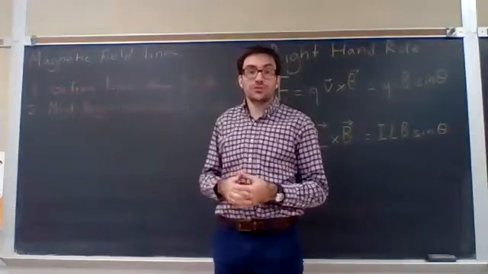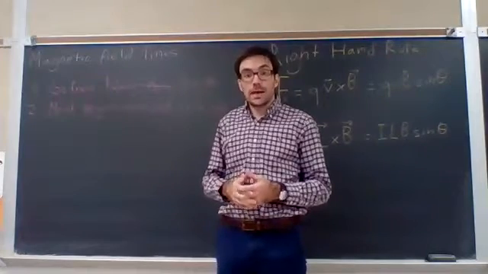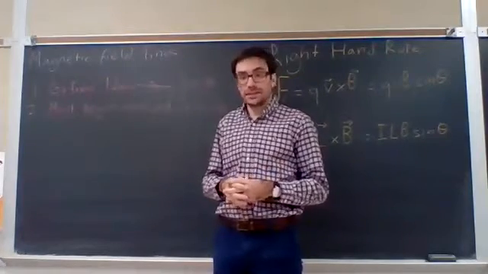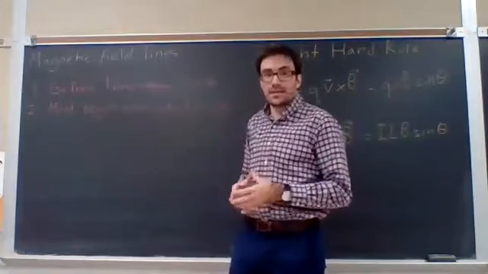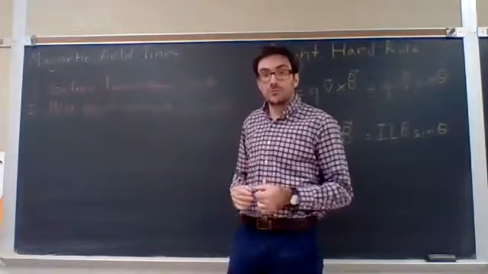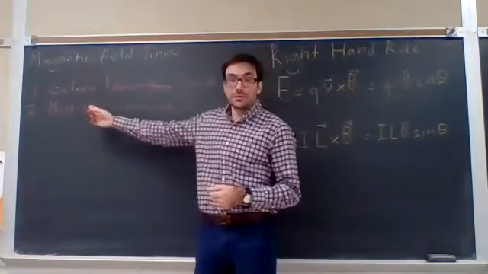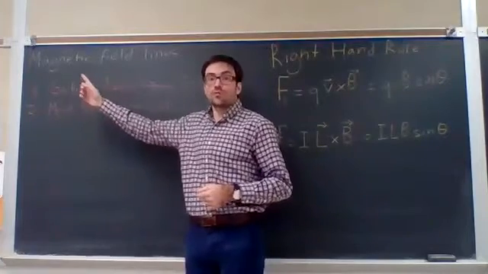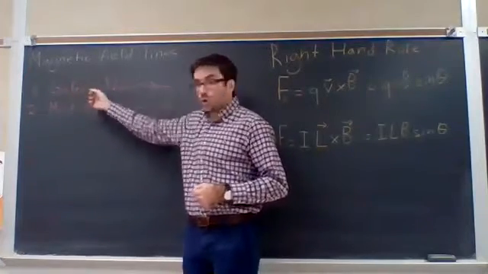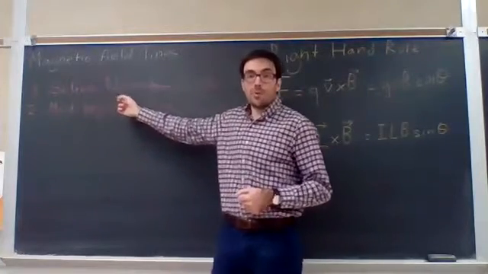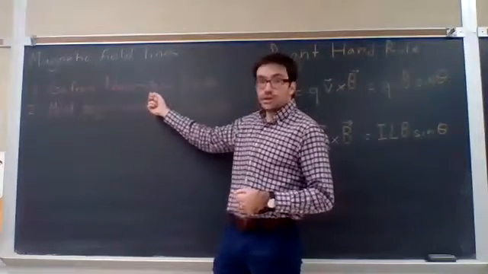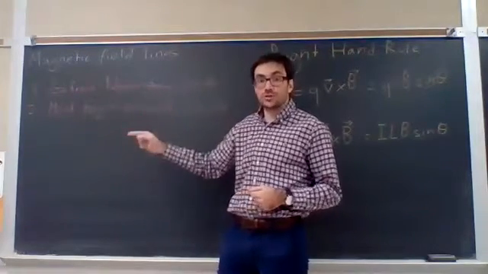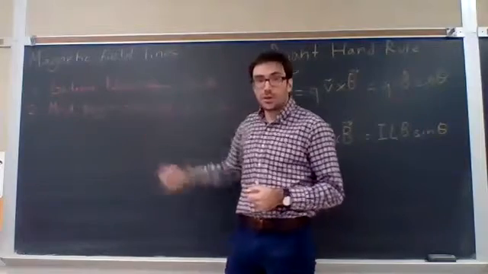You've got a couple of questions in your pre-lab about them, so it's important that you have two concepts down. First, magnetic field lines always go from the north pole of the magnet and end at the south pole of the magnet. The lines have a direction, and it's always from north to south.